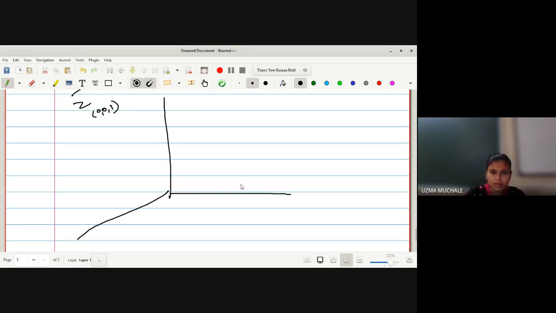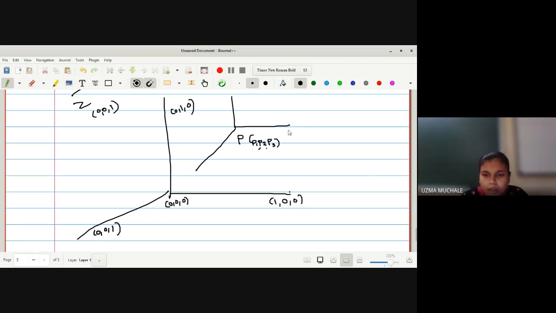Suppose this is your original one, and suppose here is one point P with coordinates P1, P2, P3, and this is your origin. If we take unit vectors in the x direction we get 1 0 0, in the y direction 0 1 0, and in the z direction 0 0 1.